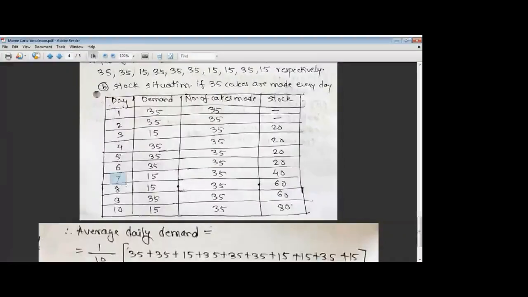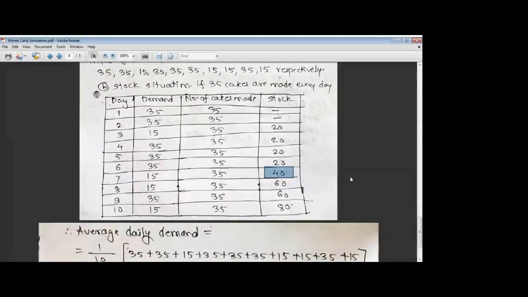For the seventh day, 15 cakes are demanded, and we had made 35 cakes, that is surplus. So 20 cakes are going to enter the stock. So previous 20 plus this seventh day's 20 cakes, total happens to be 40 cakes.